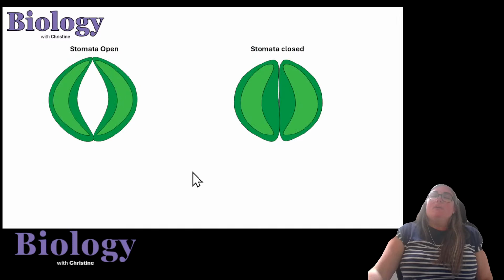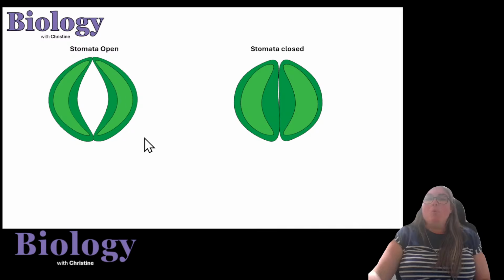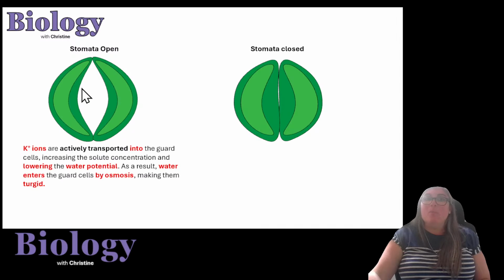Now, we talked about transpiration. We've talked about the transpiration stream. What you should know is that stomata being open or closed is actually dependent on the inorganic ions that are moved.